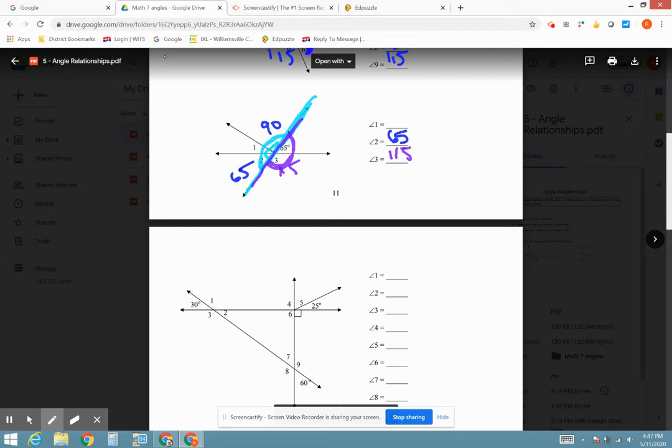And then if one angle is 90 and one angle is 65, I added wrong. That's 155, minus the 180 leaves me with 25 for this piece here. Okay, so I can kind of figure out my way around those things.